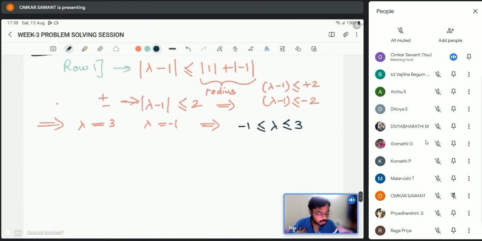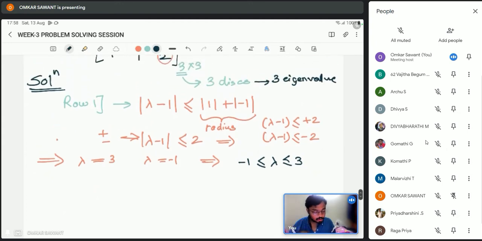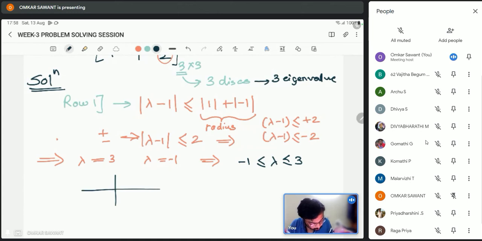So we get this one Gershgorin circle. If we try to represent it pictorially, say this is one, we have radius 2. Now the center is this. What is the center? 1 comma 0.